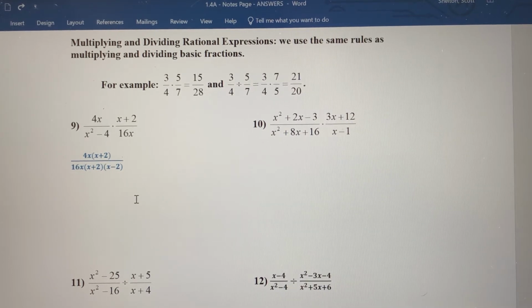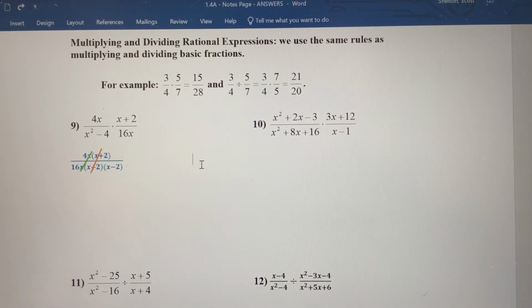Okay? So now I want to cancel out factors that can be canceled out. All right? So first off, this 4 over 16 can simplify to 1 over 4. I'm going to do that later. These x's cancel out. They're both factors that can be canceled. And these x plus 2's cancel out. They can be canceled out, okay? I'm not going to do the domain here.